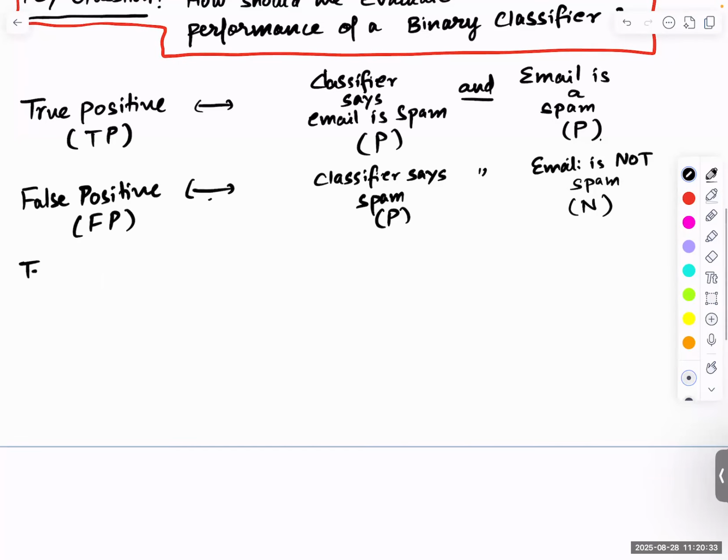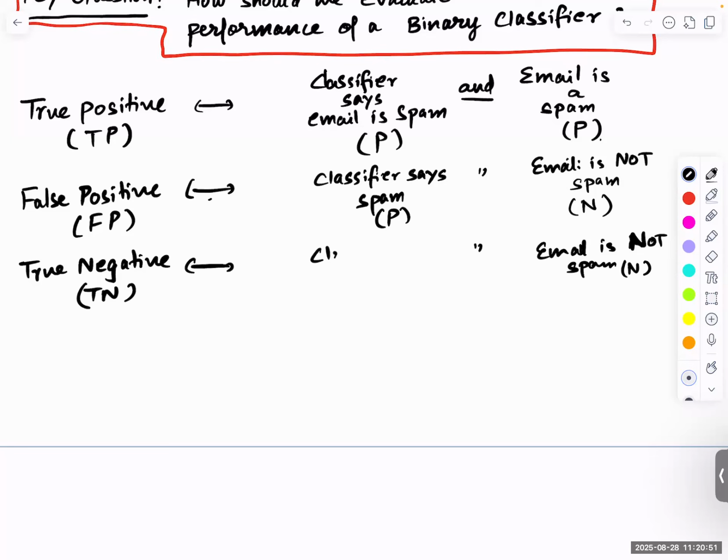The third one is true negative, which means the email is not a spam, and then the classifier says not spam.